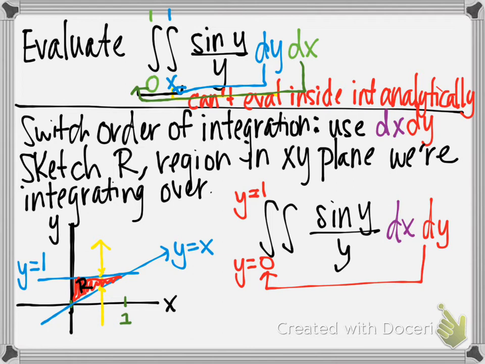To get the inside limits, we're now going to take a ray and shoot it parallel to the x-axis, just like this. And we're going to look at where this ray enters, right there, and where it exits the region. You can see this ray enters along the line x is equal to 0, and it exits over here along the line x is equal to y.